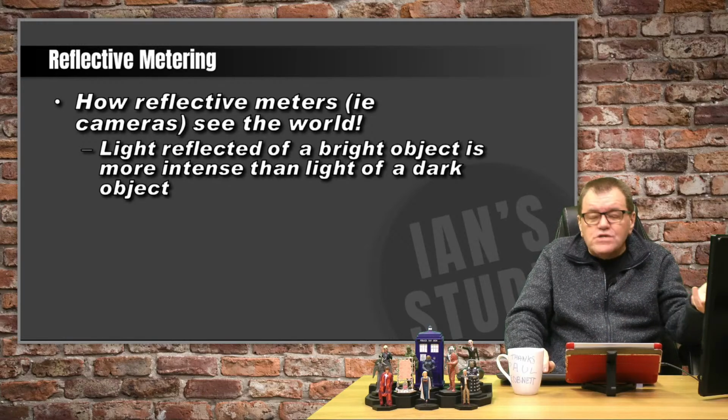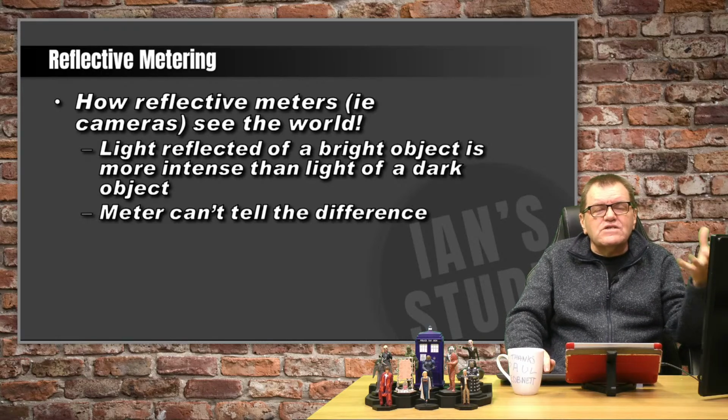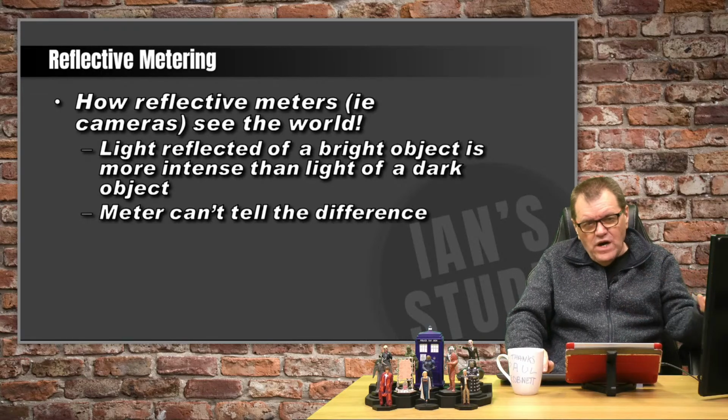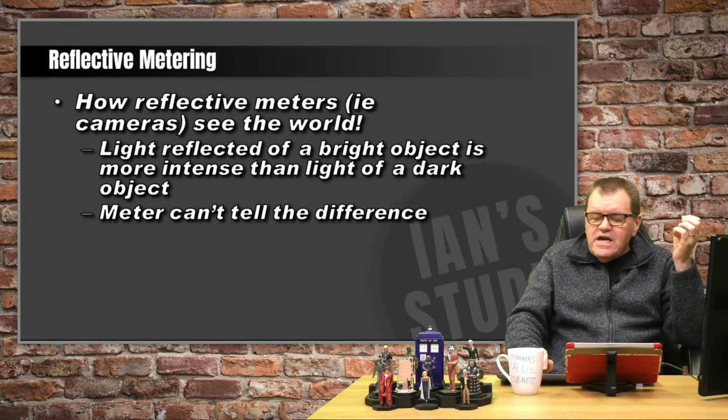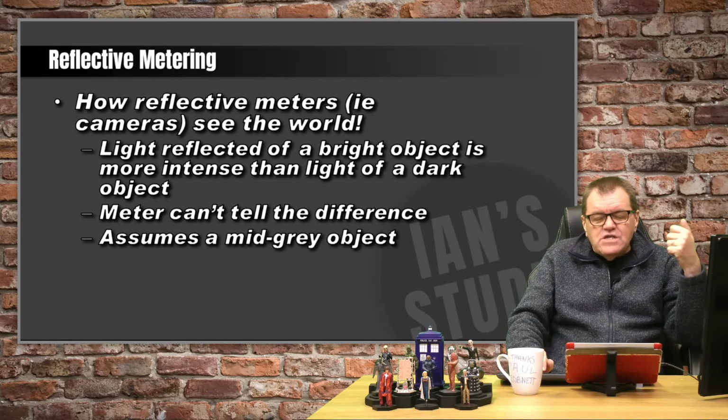But the camera doesn't know that. It can't tell the difference whether the light that's being bounced back comes from a white subject or a black subject or something in between. It just doesn't know. All it knows is there is an amount of light hitting the sensor. So it has to make an assumption. And that assumption is that the light coming back is from a mid-grey object.